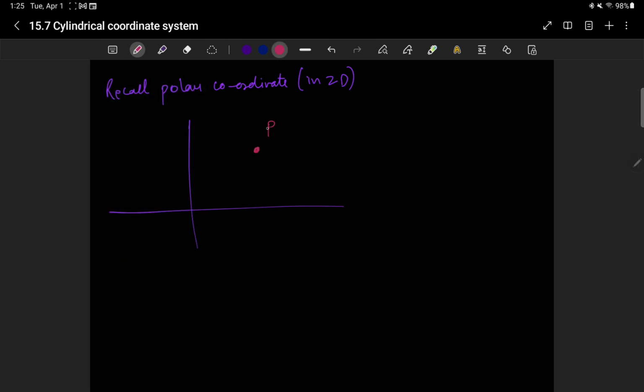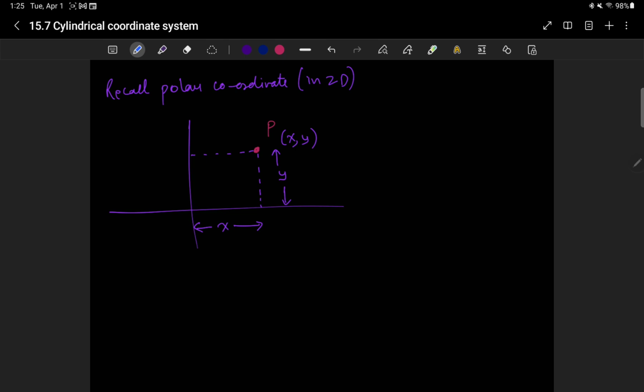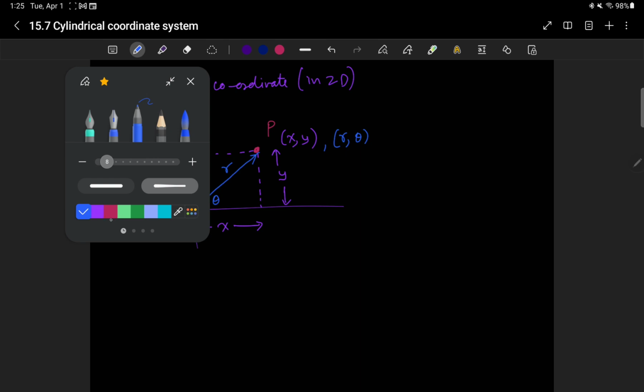If there's a point P, in the rectangular coordinates this is x comma y, where this is x and this is y, I can create a parallel system where I write this as r comma theta, where r is the distance of this point from the origin and theta is the angle it makes with the positive x-axis.